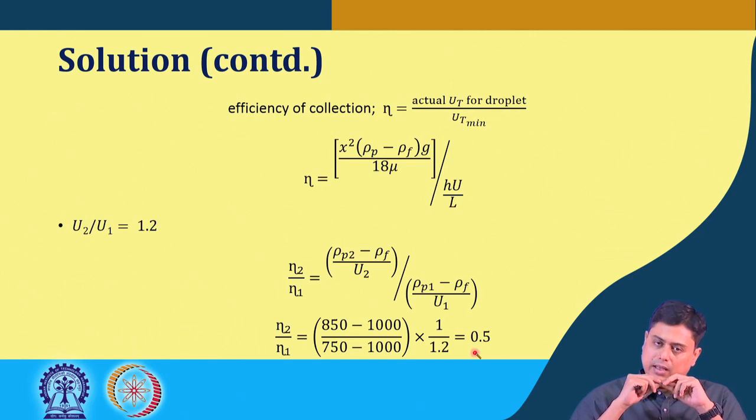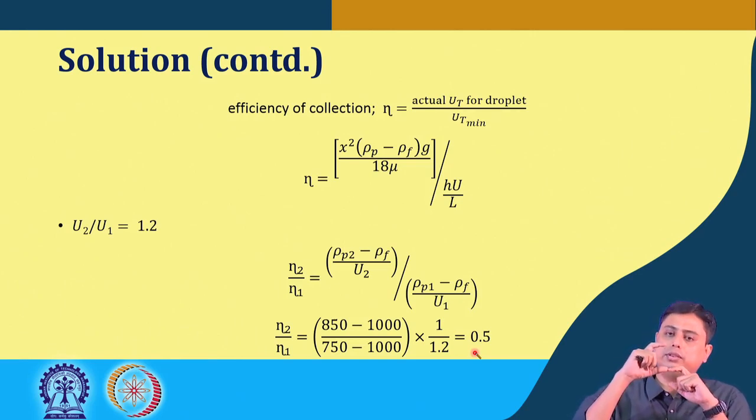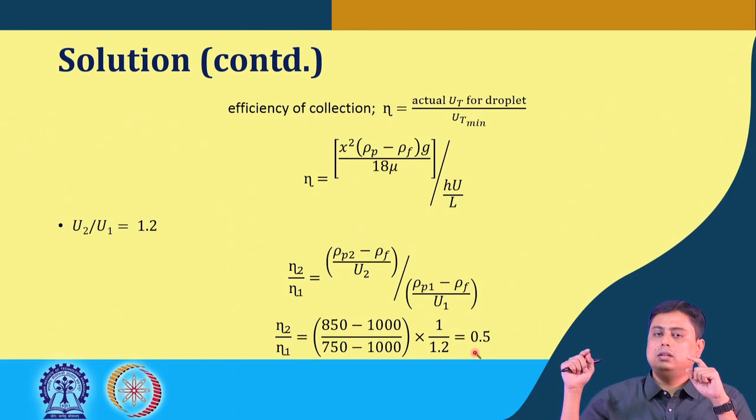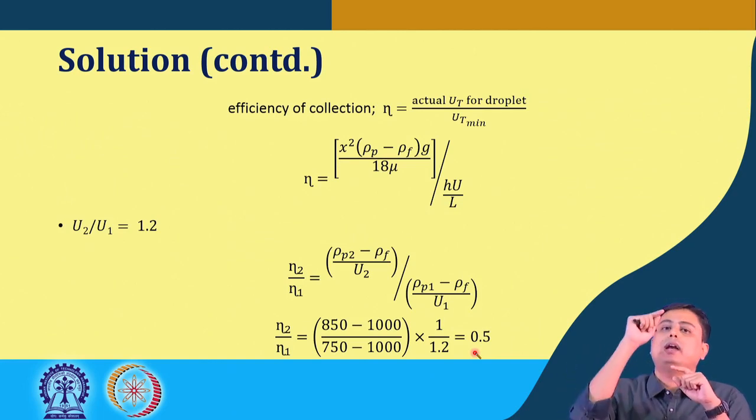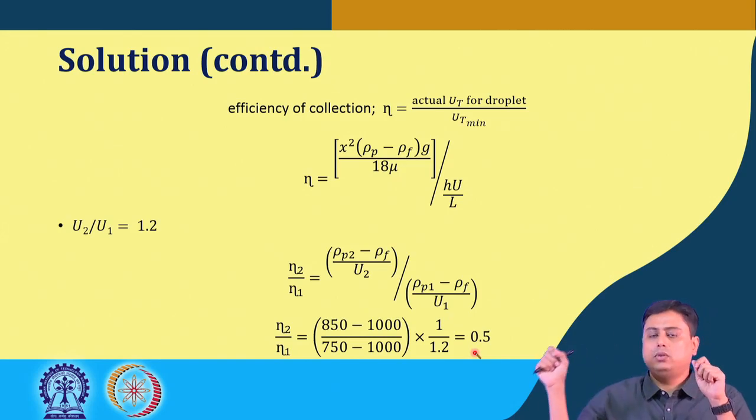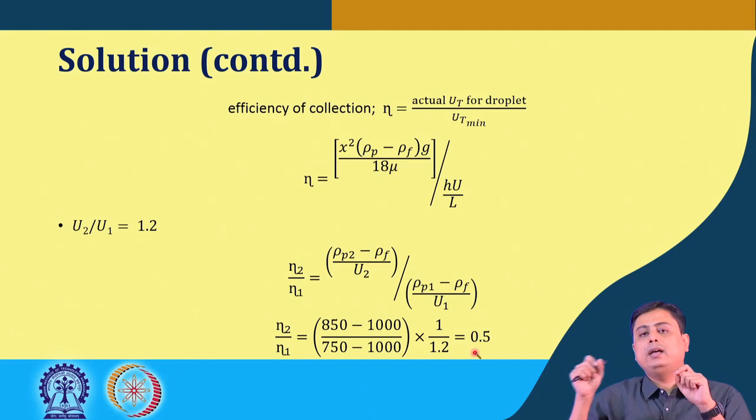Okay. But the horizontal distance between the two baffles is the same. So, as you increase its horizontal velocity, the time it takes to reach the rise velocity and the time it takes to reach the exit become comparable, and for some droplets this becomes even faster.